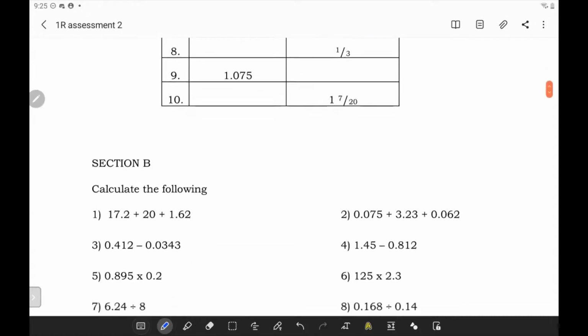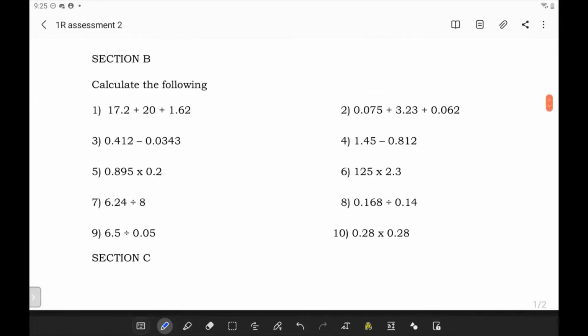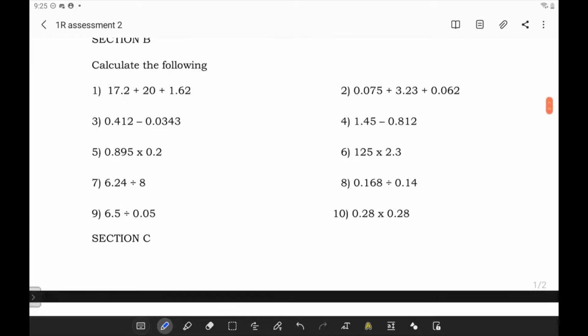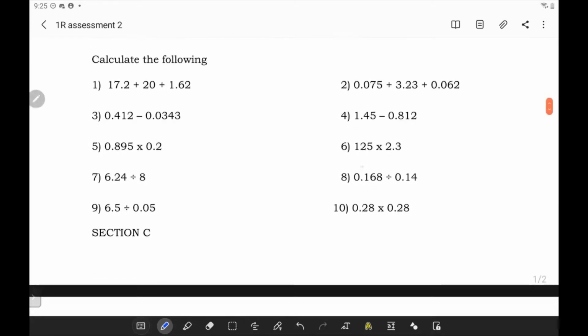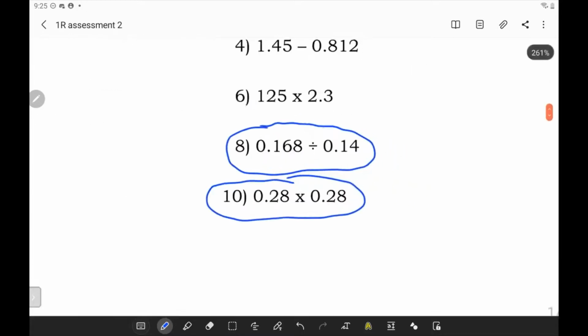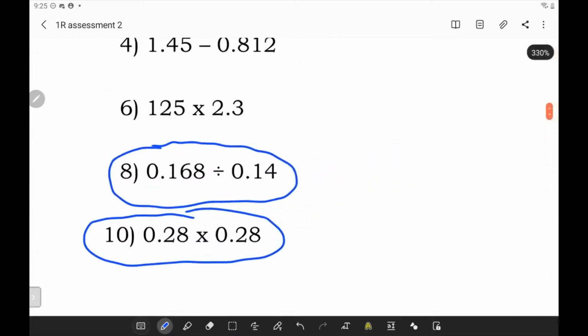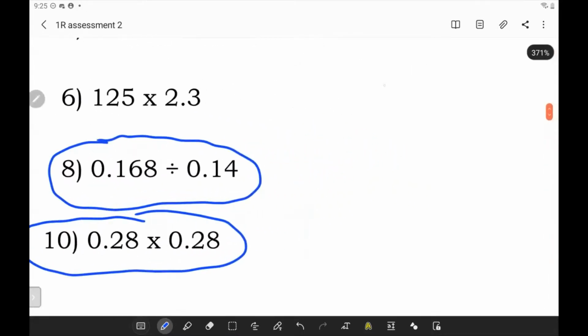Okay. Section B. All right, so I'll take a look at this one for the division question and this one for the multiplication question. So let's take a look at those. So we have 0.168 divided by 0.14.